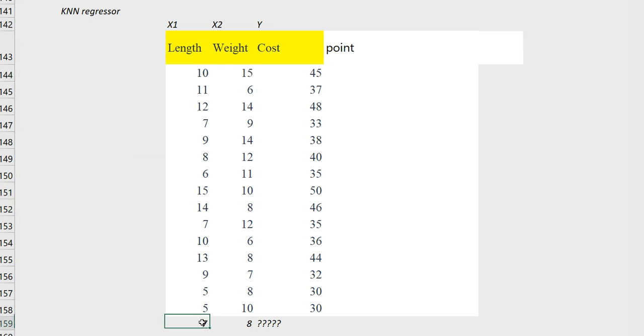Before that, what I want to do with this KNN regressor algorithm: suppose my product's length is 7 and the weight is 8, and I want to predict what the cost will be, right?